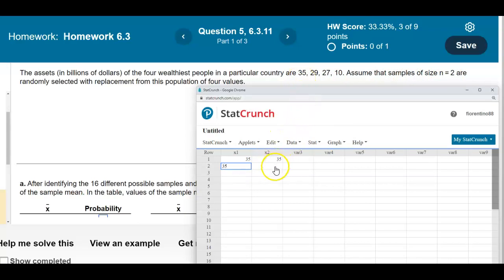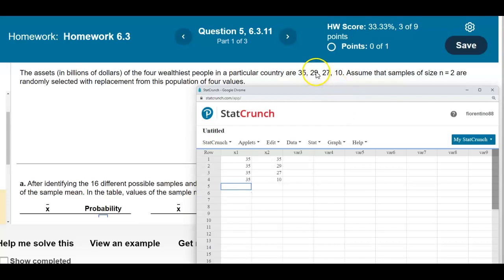Another one is 35 and 29, another is 35 and 27, and 35 and 10.